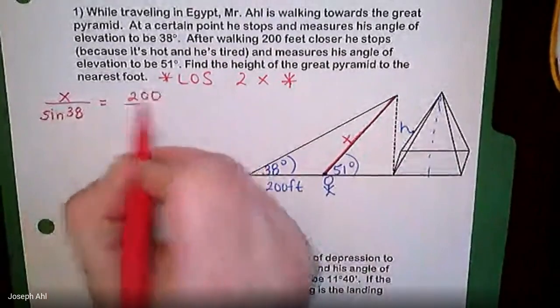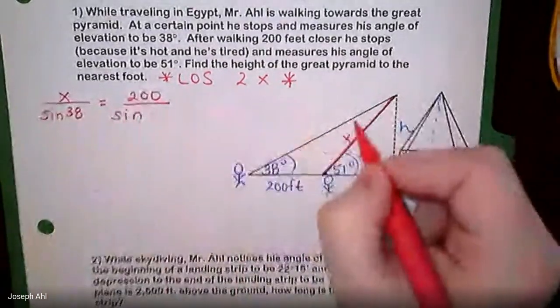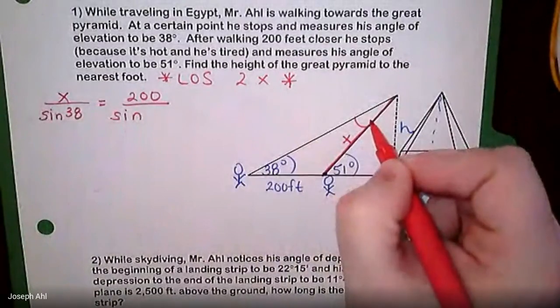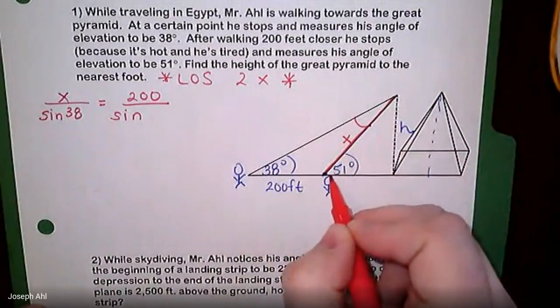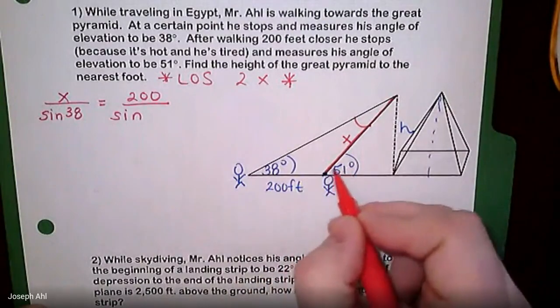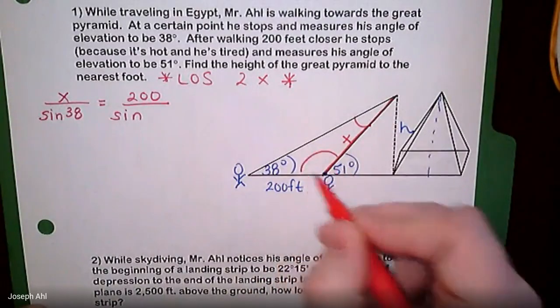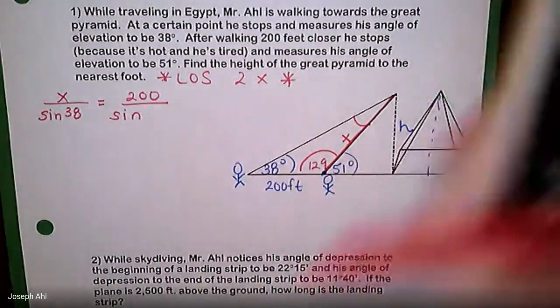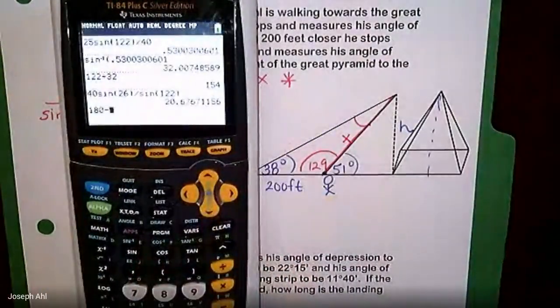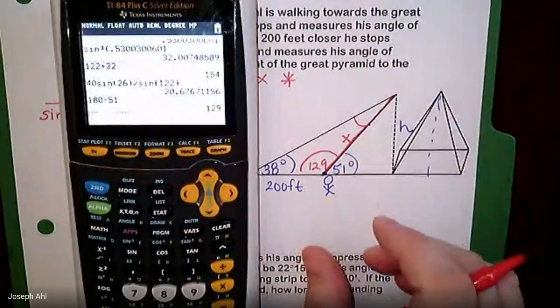equals the 200, the side that I know, over sine of, well, I got to figure out what that angle is up here. And I'm hoping you're seeing the connection that since I'm walking kind of in a straight line towards the pyramids, these two angles would be supplementary. So this angle would be 180 minus 51, which is 129. And I better double check that because that's the tough part here.